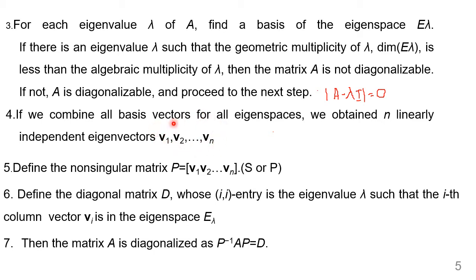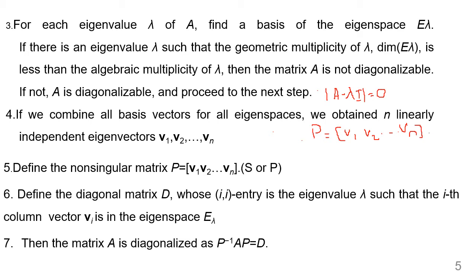If they are linearly independent, then we can compute the matrix P, and the matrix P is given by the columns v1, v2 up to vn.